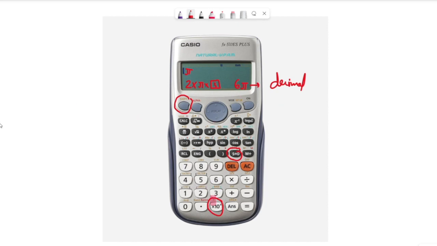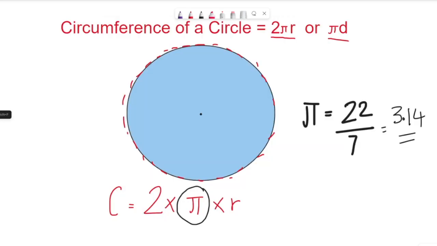Okay, let's go back to our question. So we use the formula 2 pi r. And why have they given us a second formula? Because as we know, radius is half of the diameter. So in this formula it's 2 times r and then multiplied with pi.